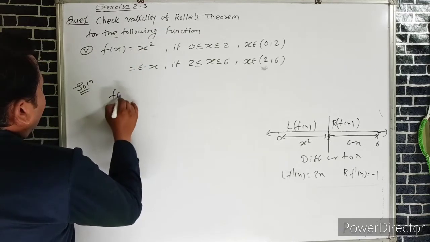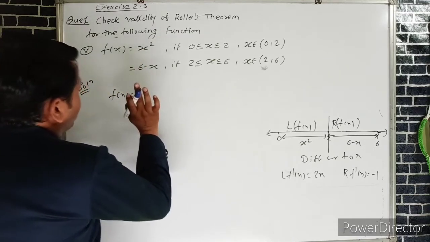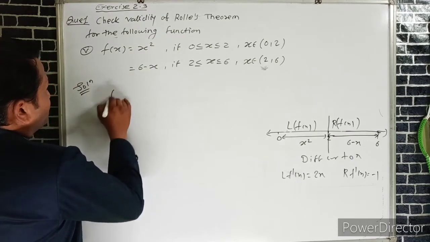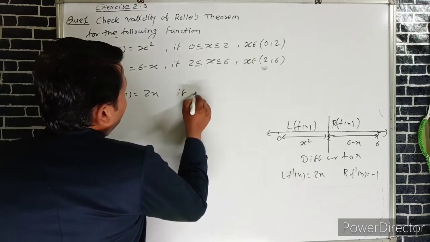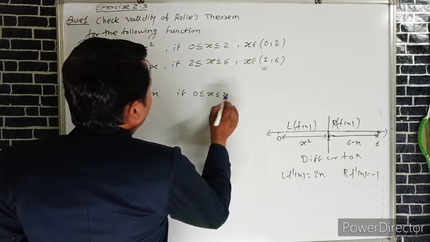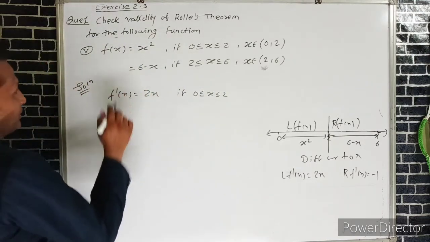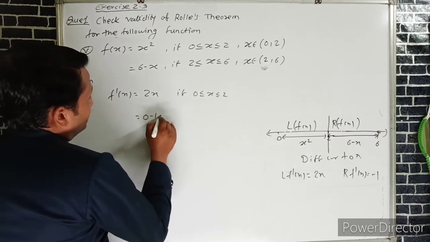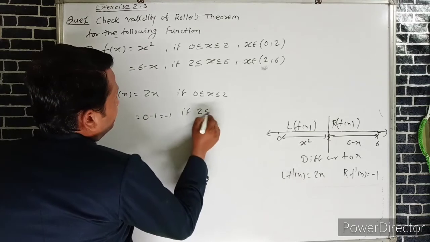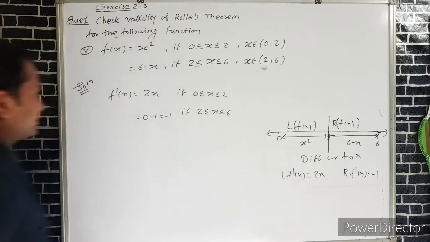Here f of x is x square, then the derivative f dash of x is 2x when 0 is less than x less than or equal to 2. Again, if we differentiate the second function, then f dash of x, which is 0 minus 1, is equal to minus 1 if 2 is less than x less than or equal to 6.